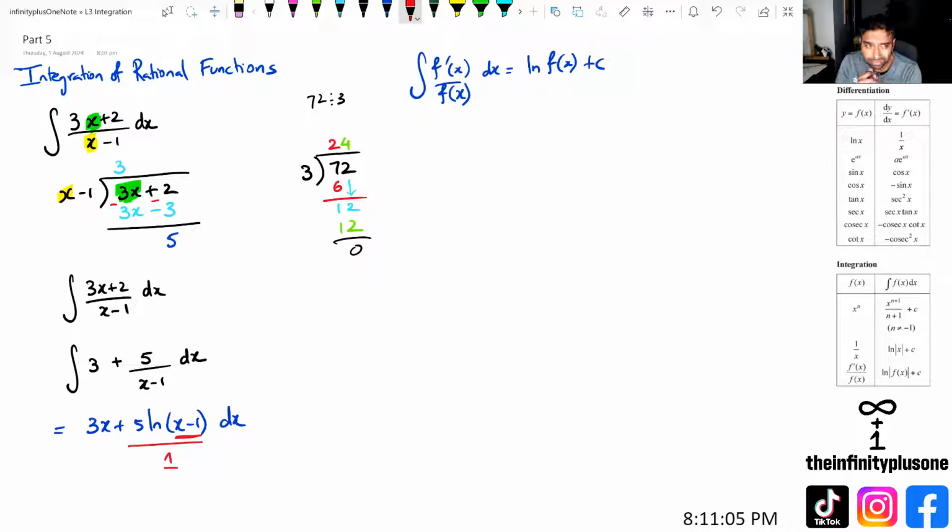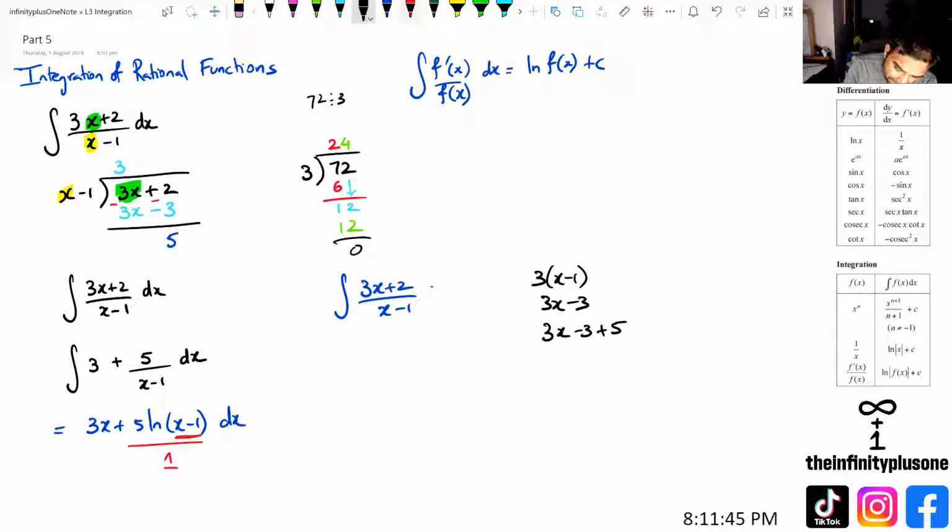Now I have a theory, and I could be completely wrong, and I'm just going to try it out to see if it actually works. This might only work with these ones, but if I was to do, I'm just going to go 3x minus 1. That's going to be 3x minus 3. So it's almost like, but if I want to get 3x plus 2, I would actually go 3x minus 3 plus 5.